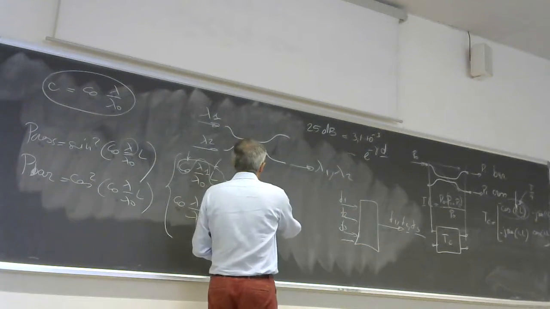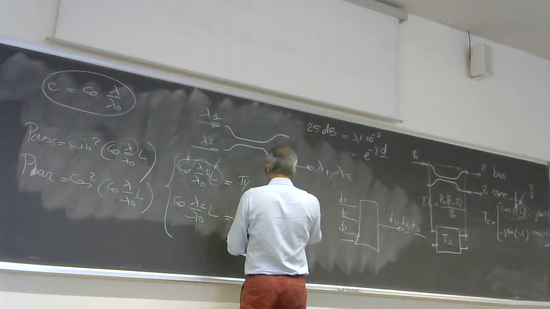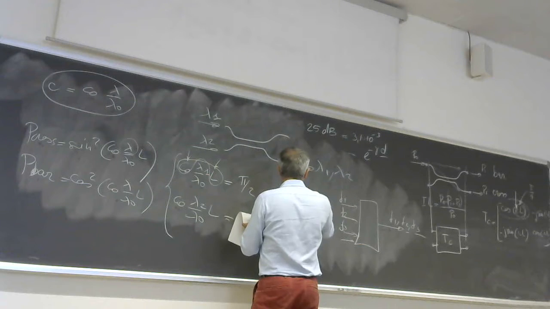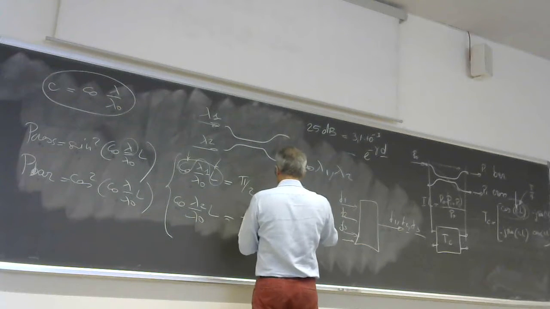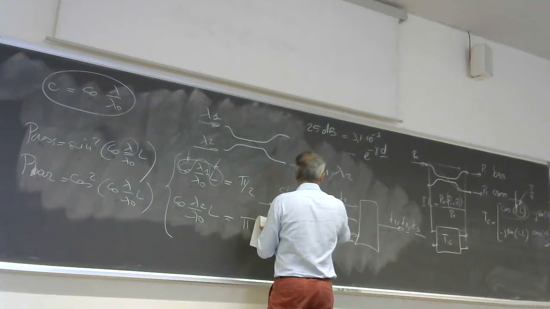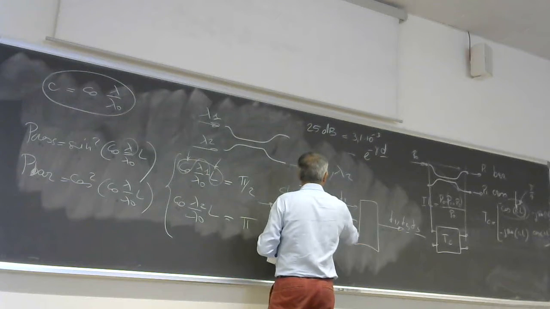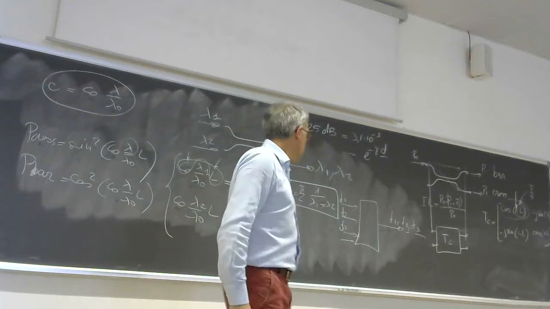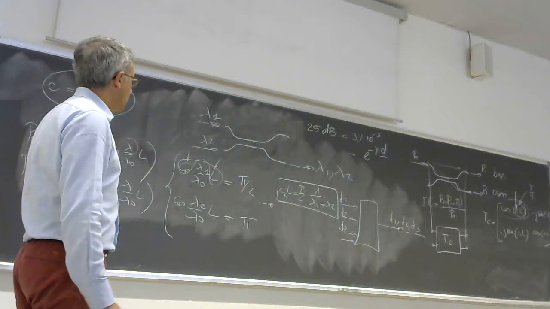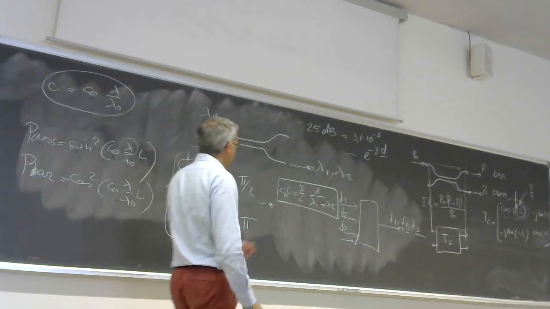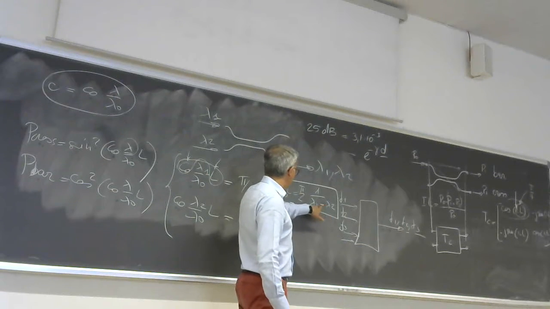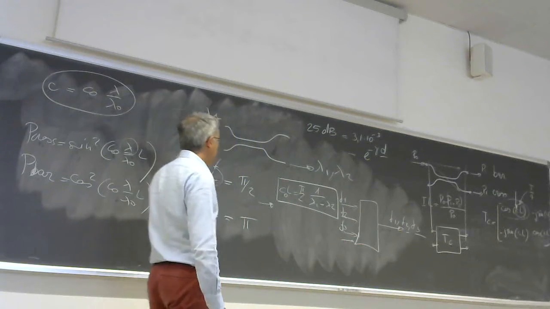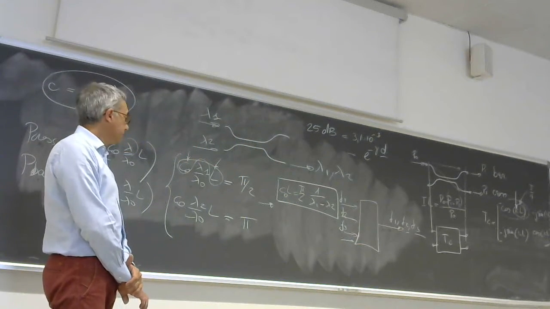So if you solve, you have C0L equal to half pi multiplied by 1 over lambda 1 minus lambda 2. So we have this condition. So you have lambda 1 and lambda 2, and you find this number.